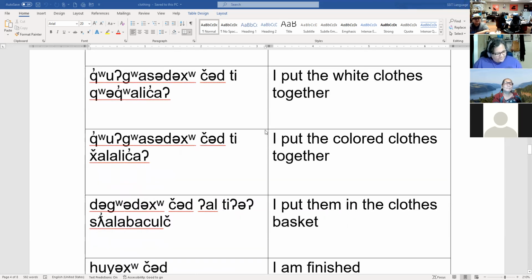So if you see this part right here, up at top, Waseda Chati.